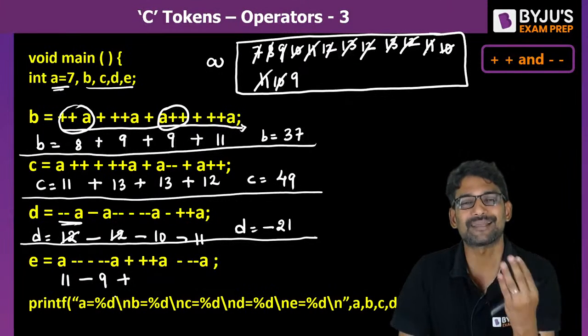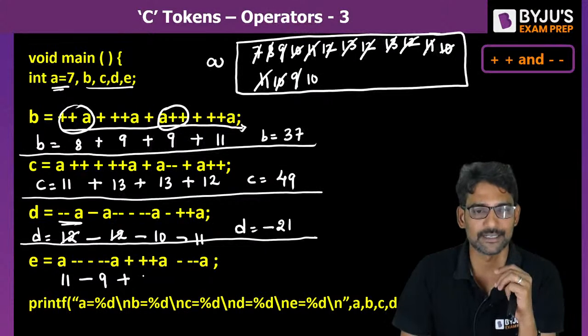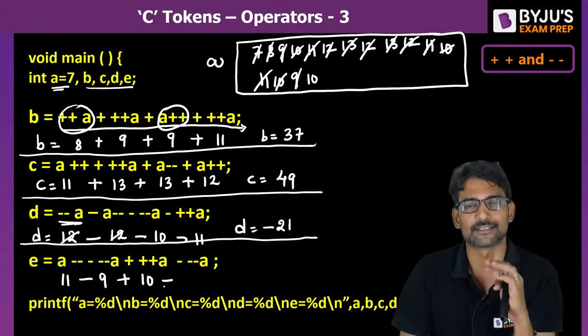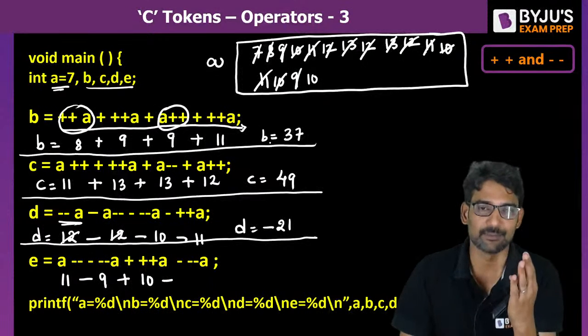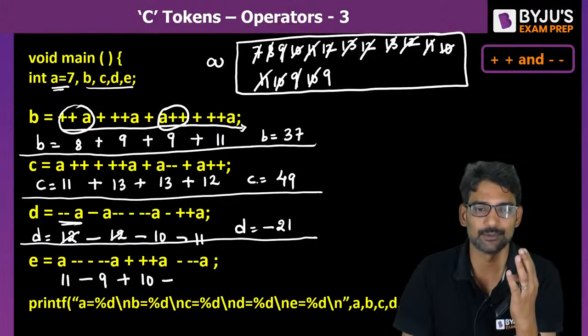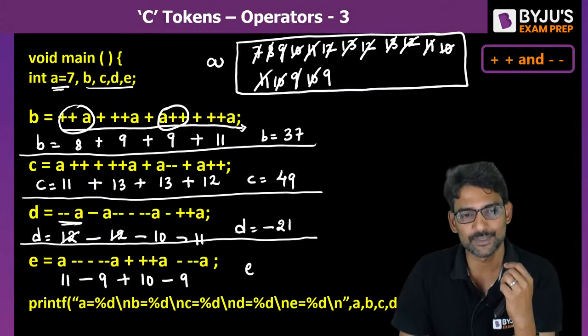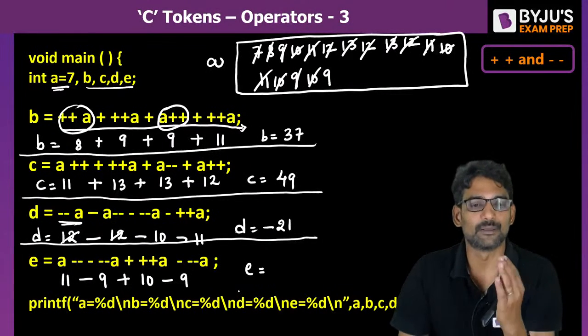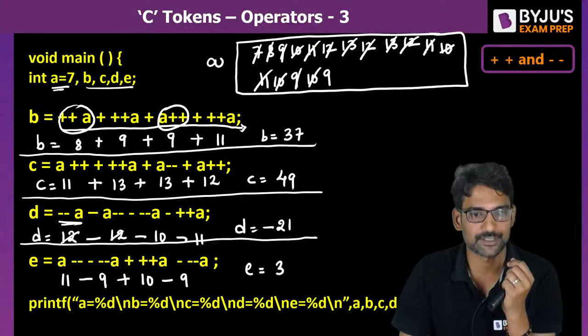Plus ++A, pre-increment, increment the value, assign it. Minus --A, pre-decrement, so first decrement the value, then assign it. So what E is going to be? 11 plus 10, 21 minus 18, 3 plus 3.